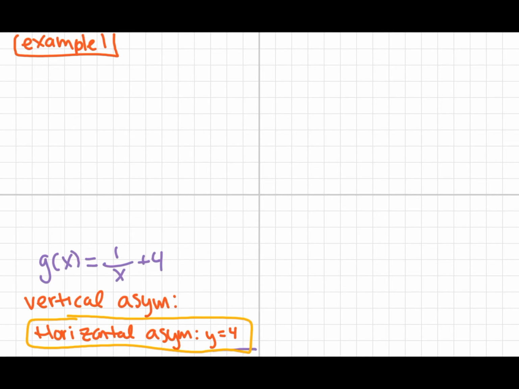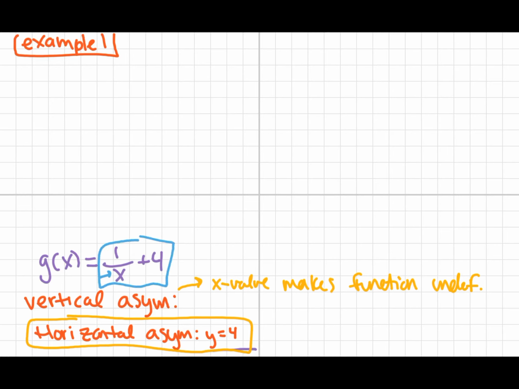All right, so vertical asymptote is what value, so an x value, that makes the function undefined. What is an undefined number? Something divided by 0. We can't have it. Doesn't make sense. So we're asking ourselves, what can I throw into this bottom of the fraction that's going to generate an undefined value?